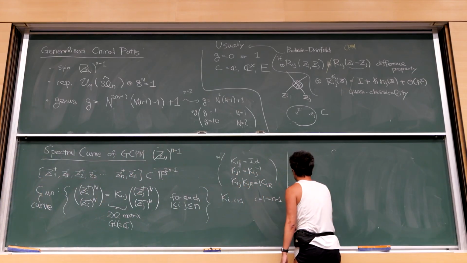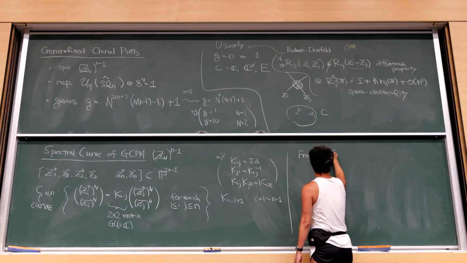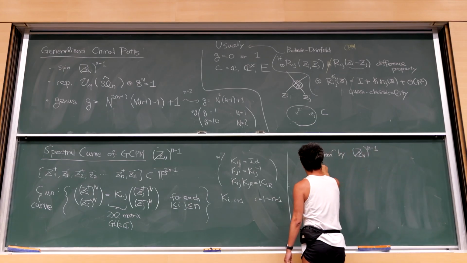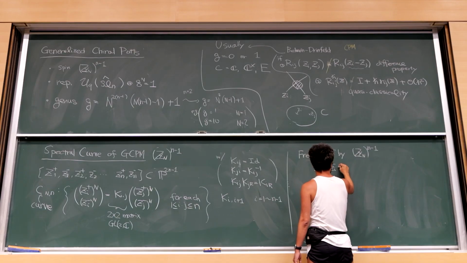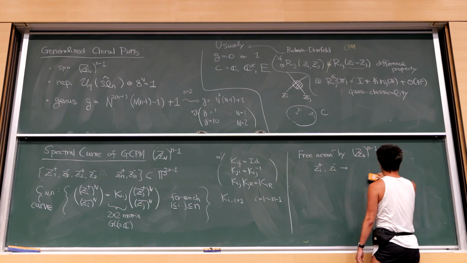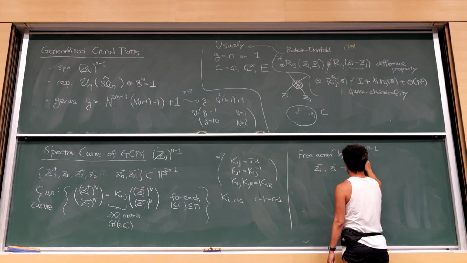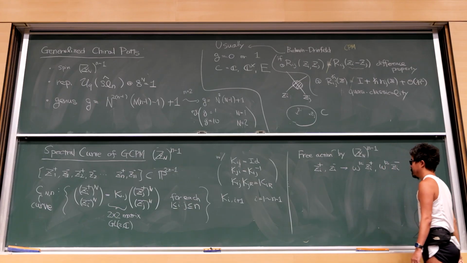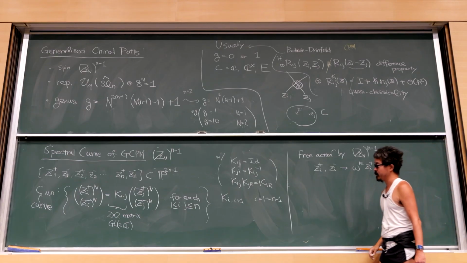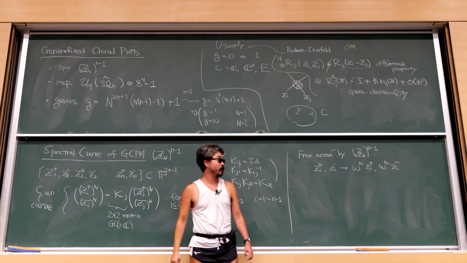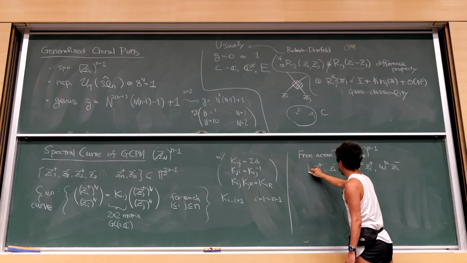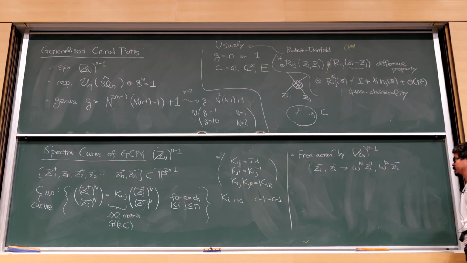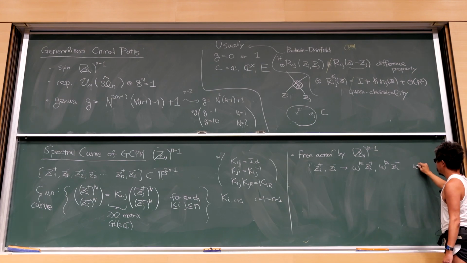This is a free group action by Z_N to the n minus 1, where each z_i plus, z_i minus goes to omega^{k_i} z_i plus, omega^{k_i} z_i minus. Of course, the overall one is already quotiented because this is a projective space, so you don't consider the overall one. That's not an extra free action. Here omega^N equals 1.